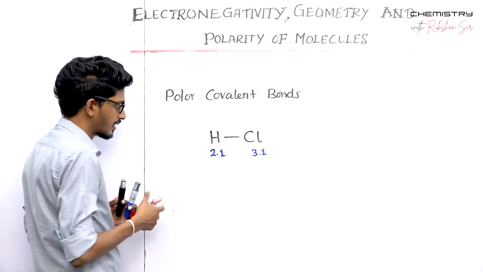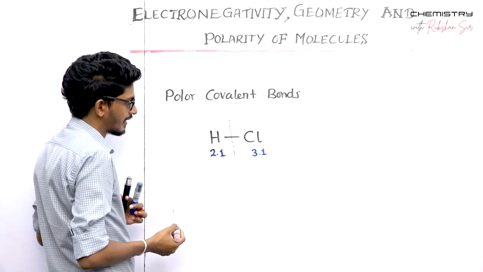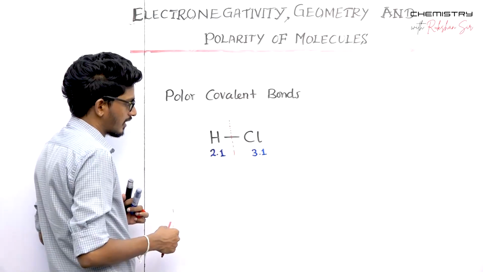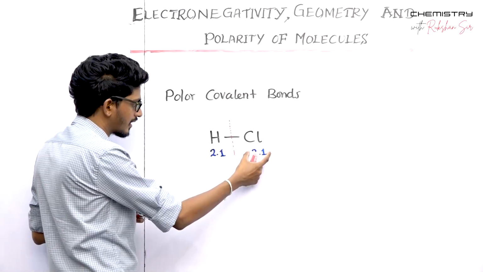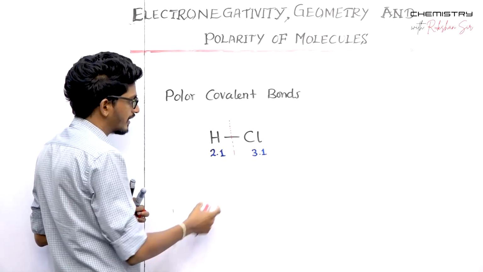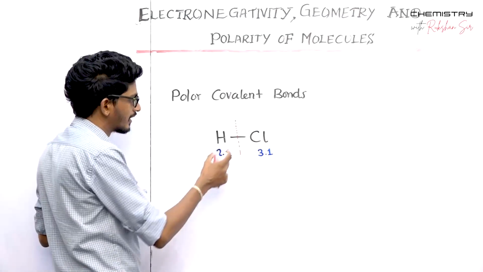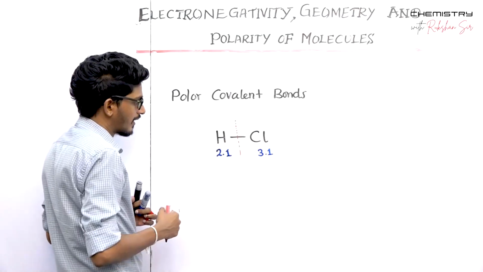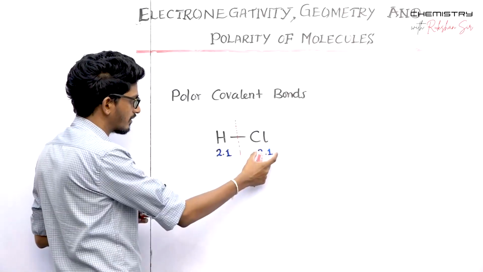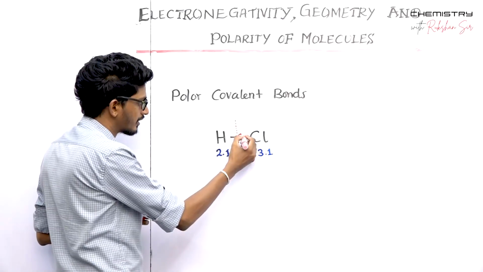The shared pair of electrons is now not at the center, because the greater the electronegativity, the more you attract the electron pair compared to the atom with the lower electronegativity. So the bonded pair will be attracted heavily towards the chlorine in this case, because chlorine has a greater electronegativity than hydrogen.